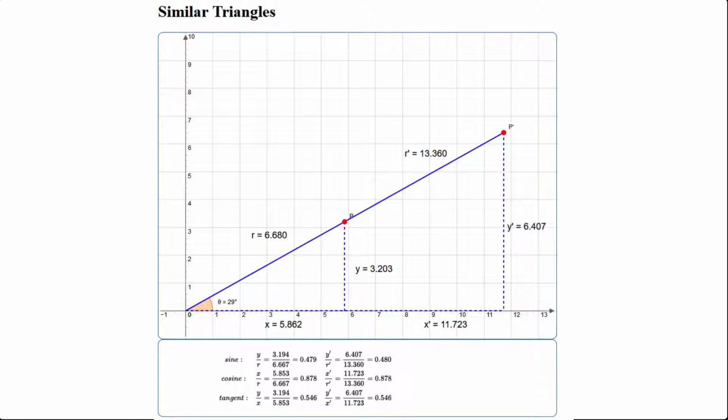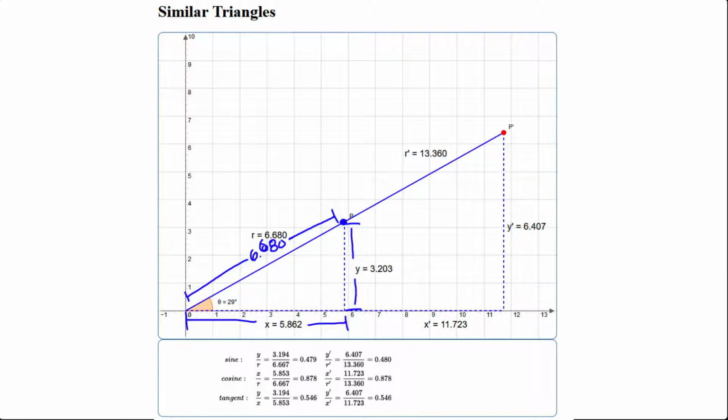Let's look at what that means. For the triangle that ends at point P, this distance from here all the way up to here is the 6.680 that is being measured. Then from here to here is 3.203, and from here over to here is 5.862.